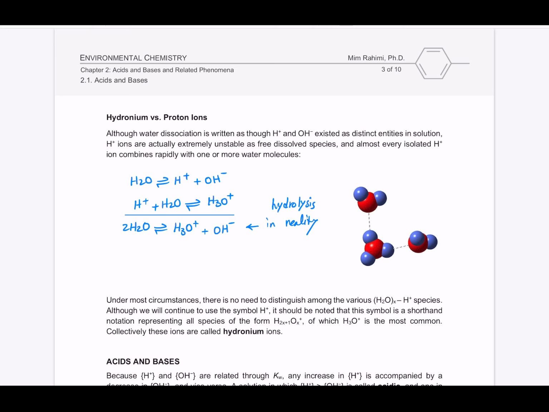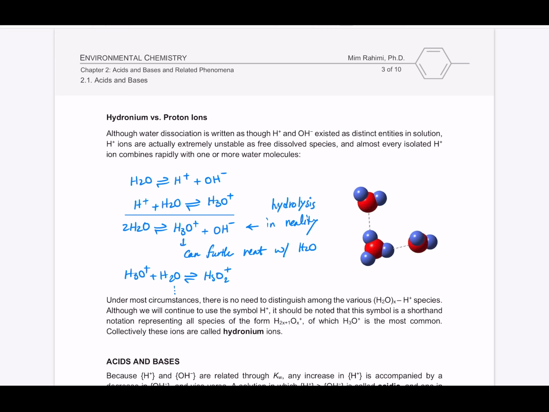H3O+ is also reactive, so it can also react with water. So this reaction can progress and further react. We get H3O+ plus water to form H5O2+, and so on.